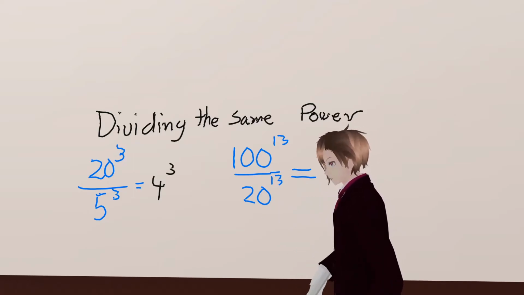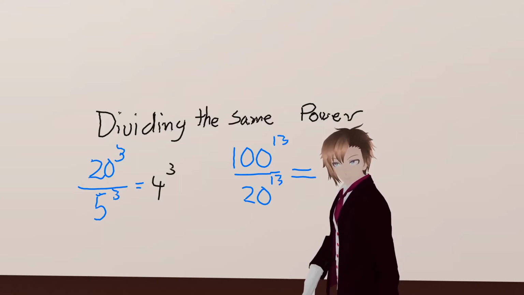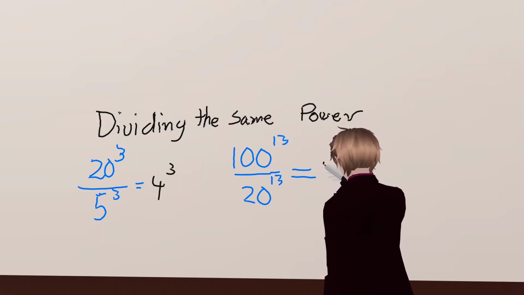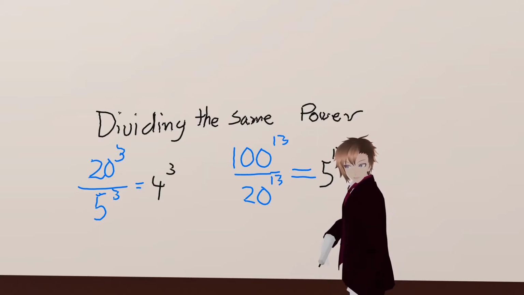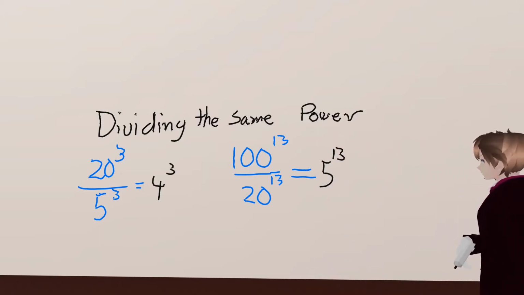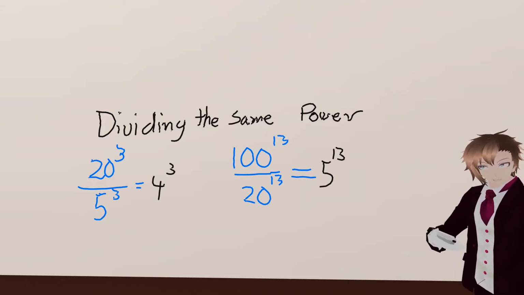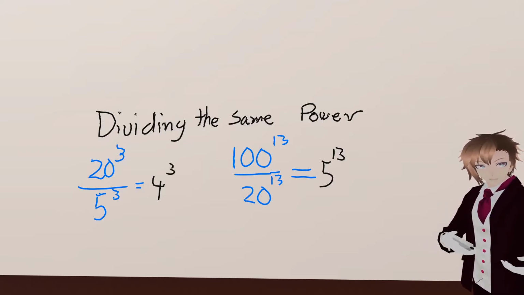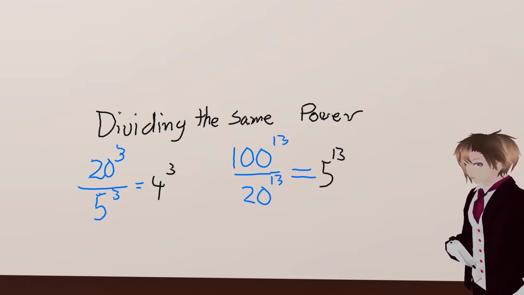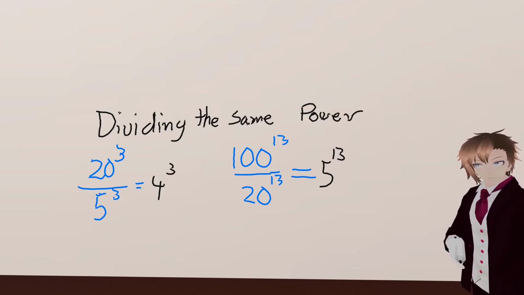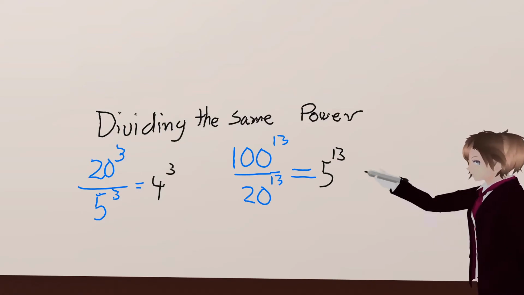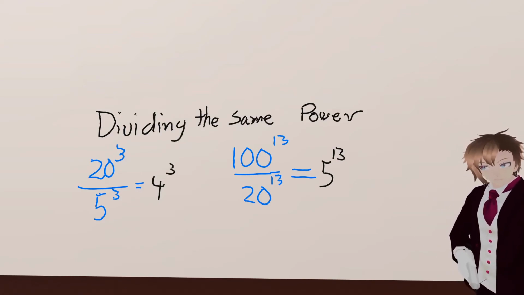So 100 divided by 20 is 5. And that's just going to be to the power of 13. So when we're dividing with the same power, you just do what you normally do with division and write the power at the end. The power does not change, the base number does.